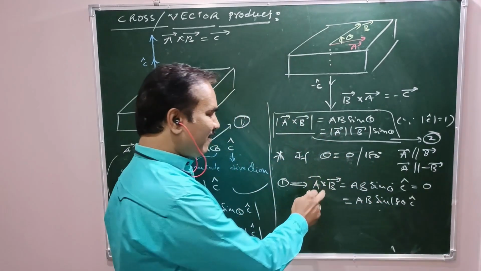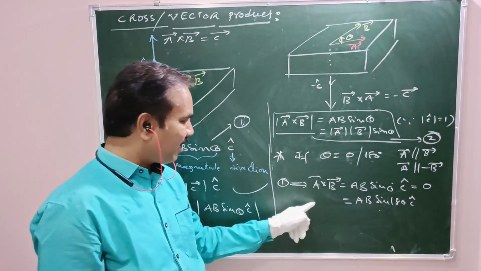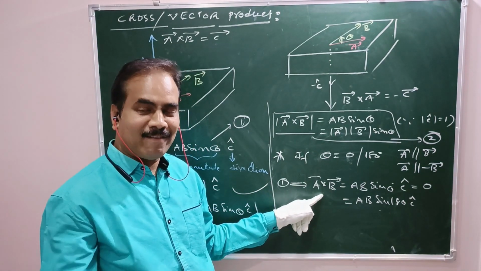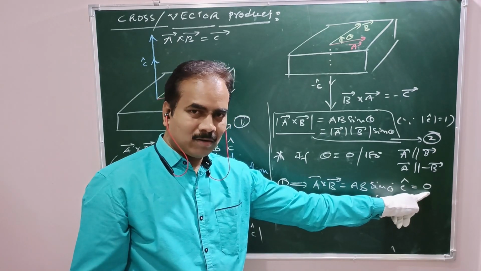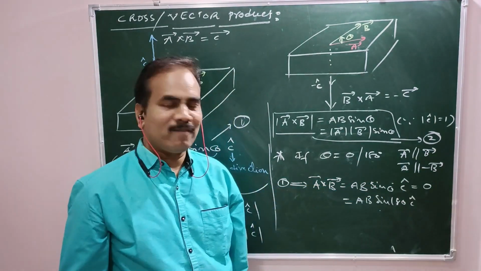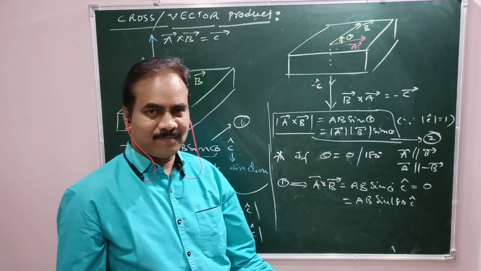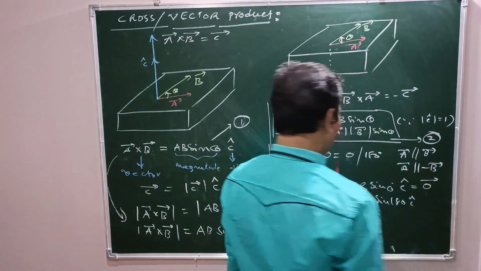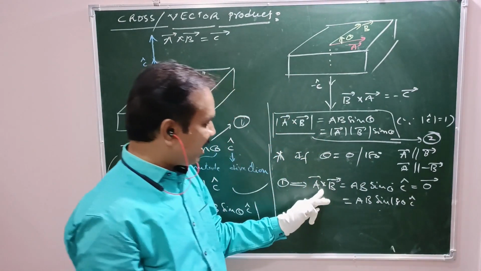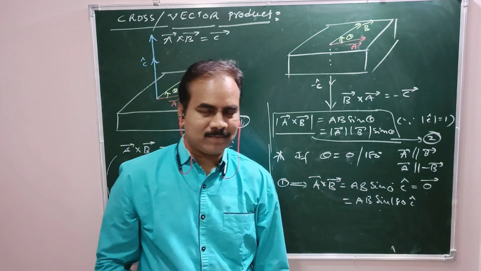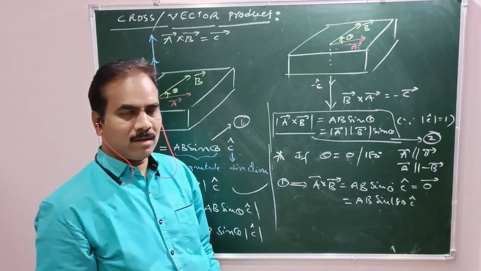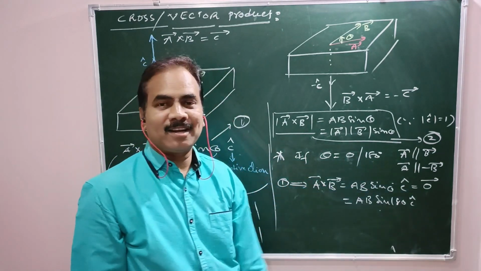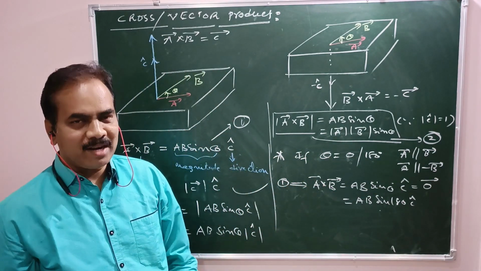But it is a vector form, not magnitude. To get a vector, magnitude is multiplied by a unit vector, that is 0 into C cap, which is 0 bar. Magnitude is 0, but in vector form it is 0 bar, a null vector. So the cross product of two parallel vectors is a null vector whose magnitude is 0.